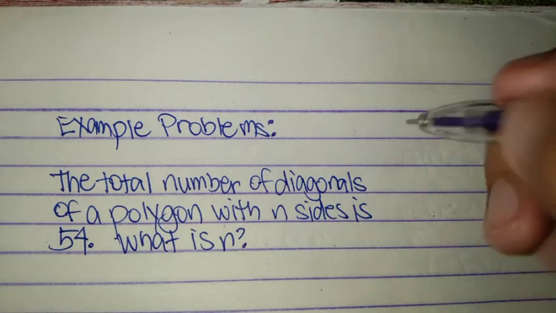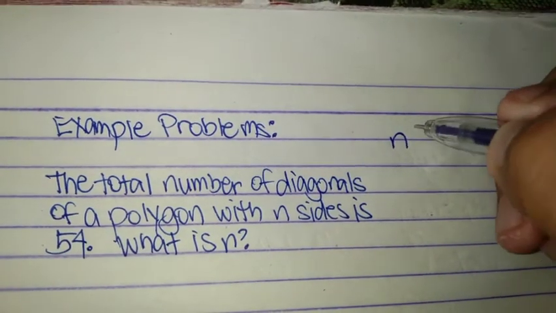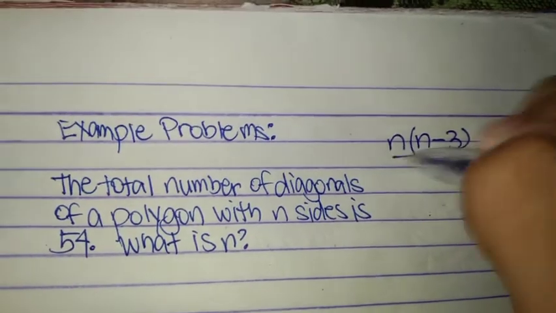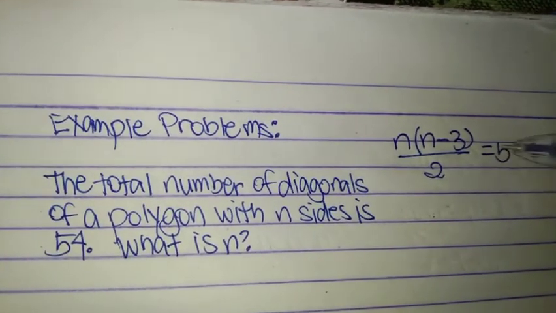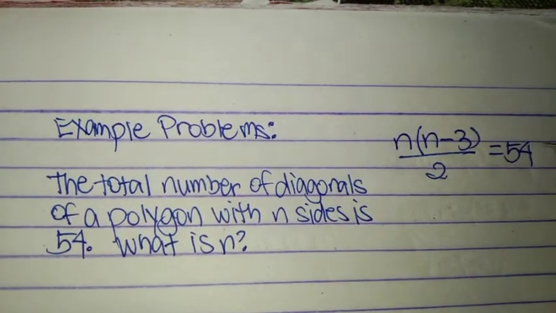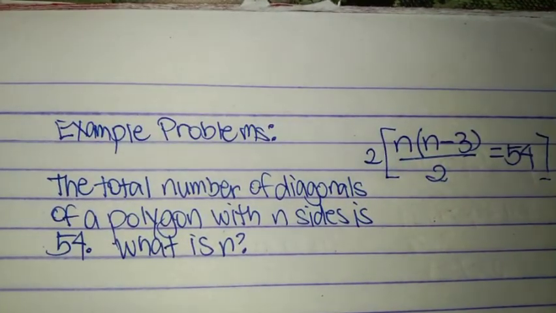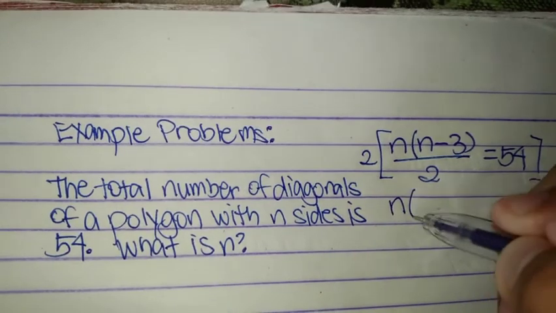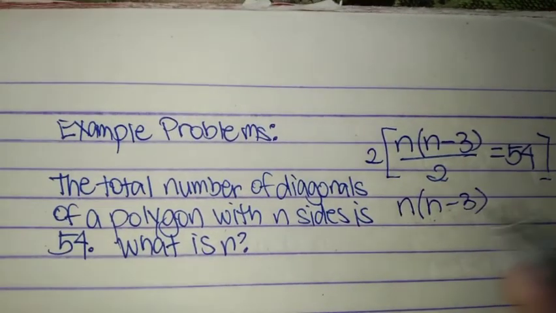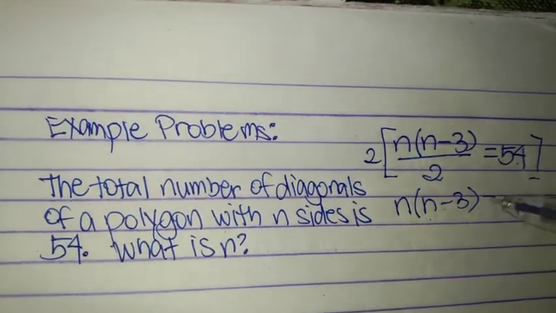We have n multiplied by quantity n minus 3 over 2 equals 54. We multiply both sides of the equation by 2. So we have n multiplied by quantity n minus 3 equals 54 times 2, 108.